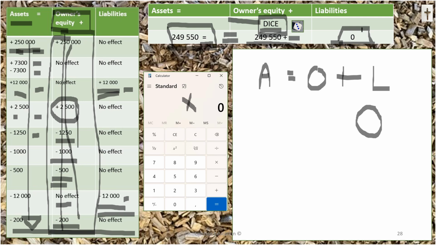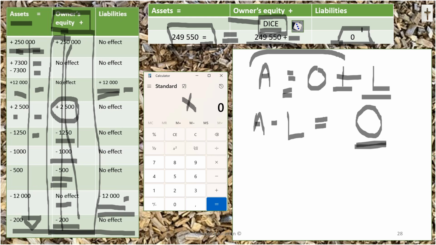If I take liabilities to the other side of the equal sign, according to maths law, that plus becomes a minus. Then I will have assets minus liabilities is equal to owner's equity. Now I can calculate owner's equity in a different way. Owner's equity is the total value of the assets minus liabilities.